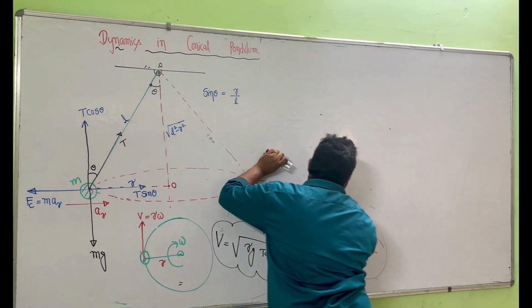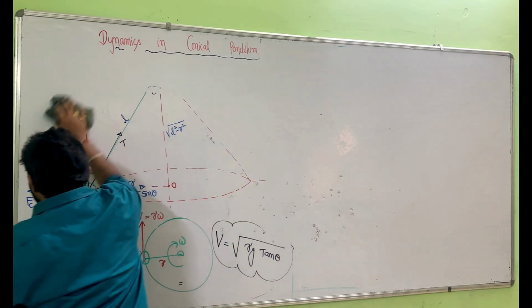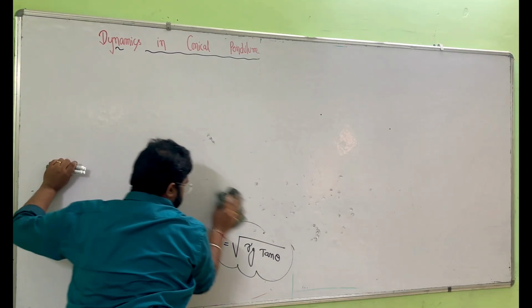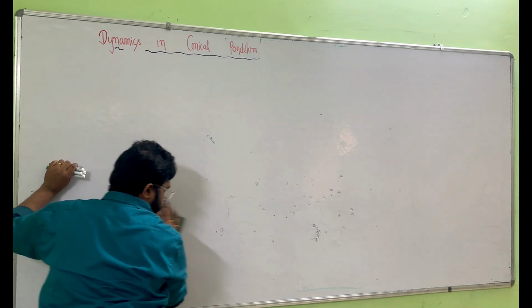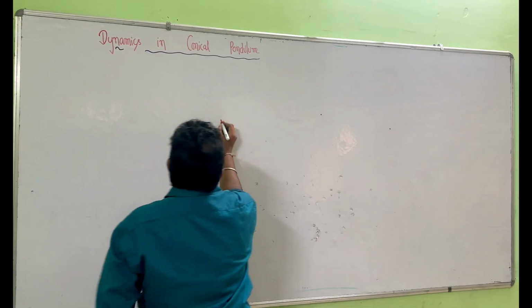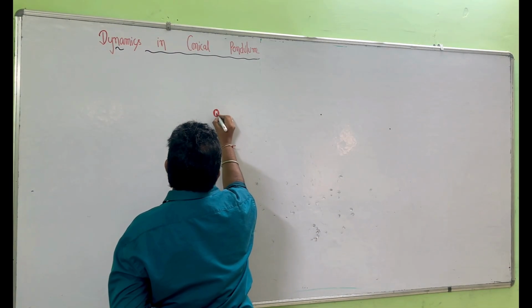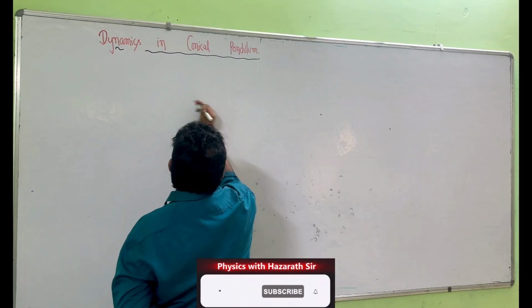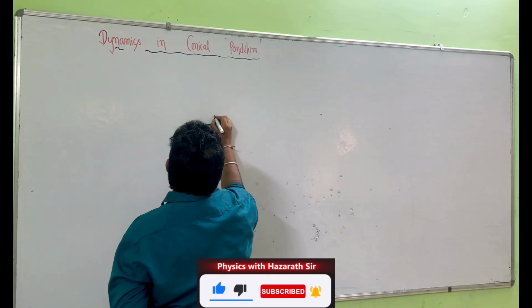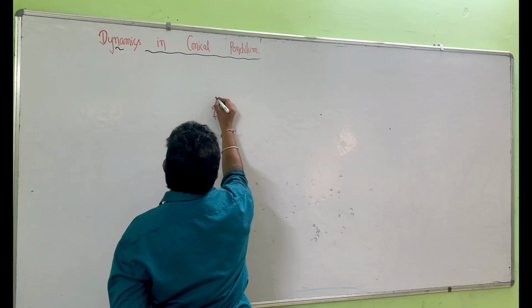Next, the combination of these two. Focus here. This is the pivot point, so we can call it one kind of pulley, from here to here.